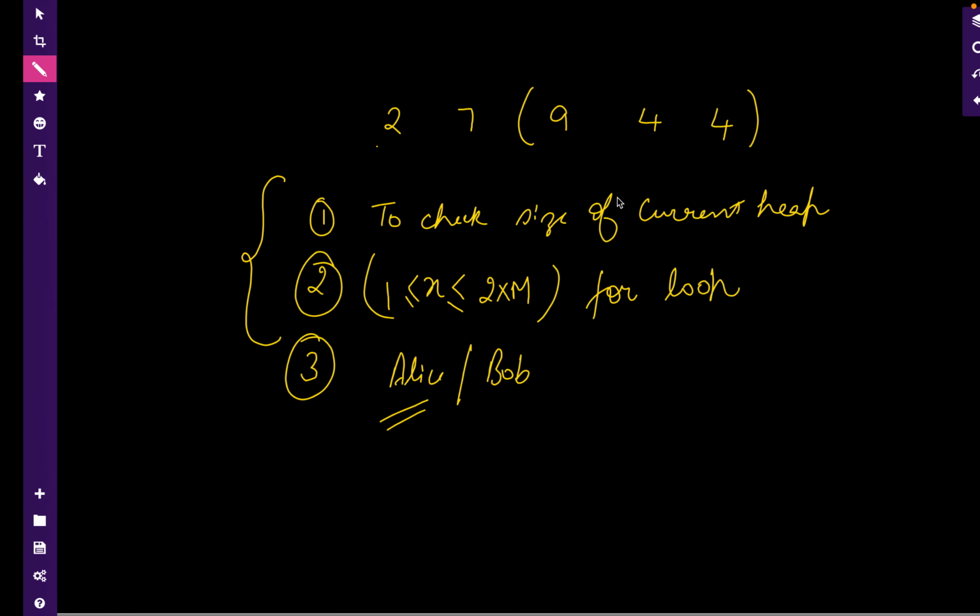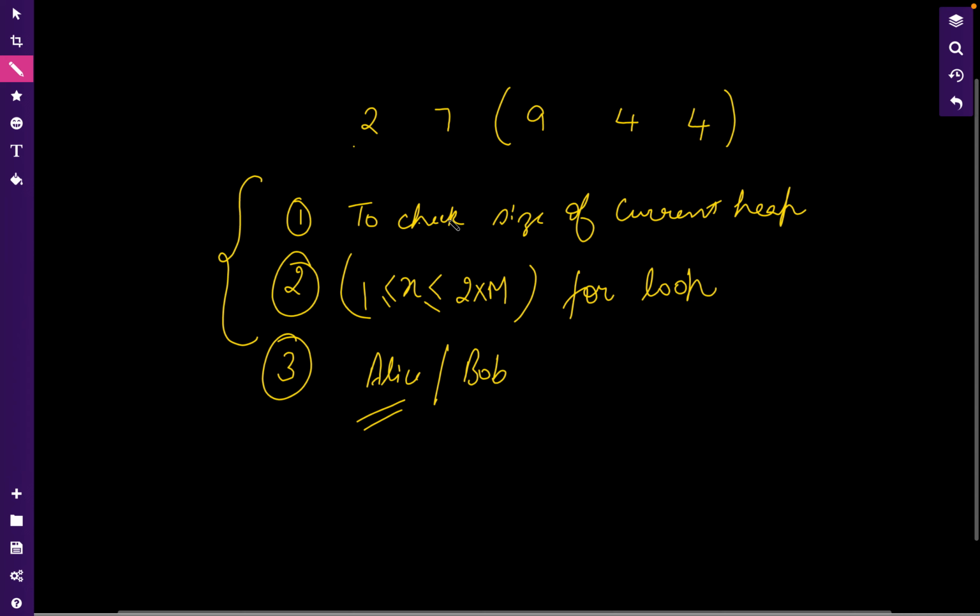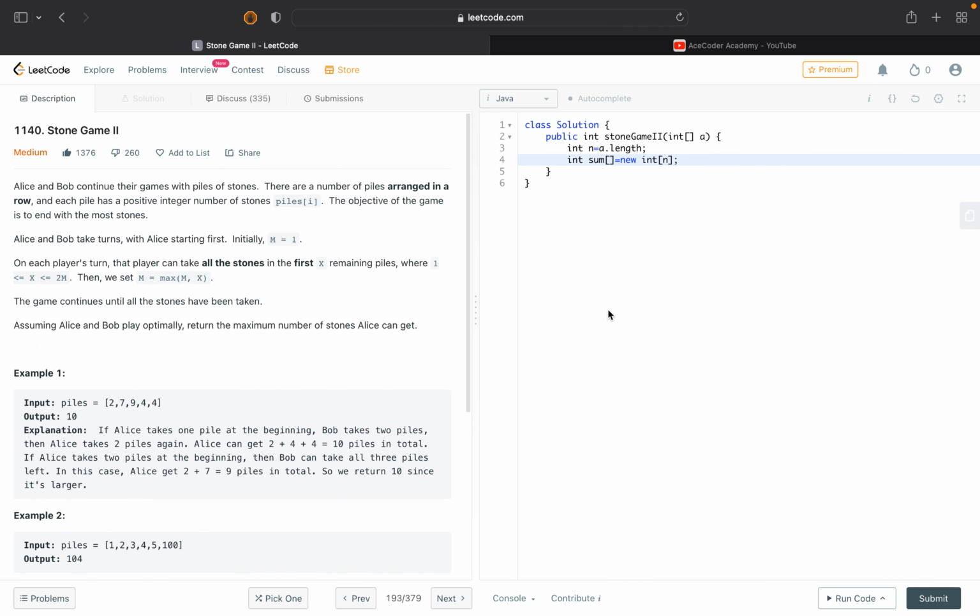What actually our aim is, for example, if this is the set of stones that Alice has chosen, what is the sum? Every time we should not iterate over all these indices to calculate their sum. We can just do it in O of 1 operation by calculating the prefix sum. So that is what this sum array is for.